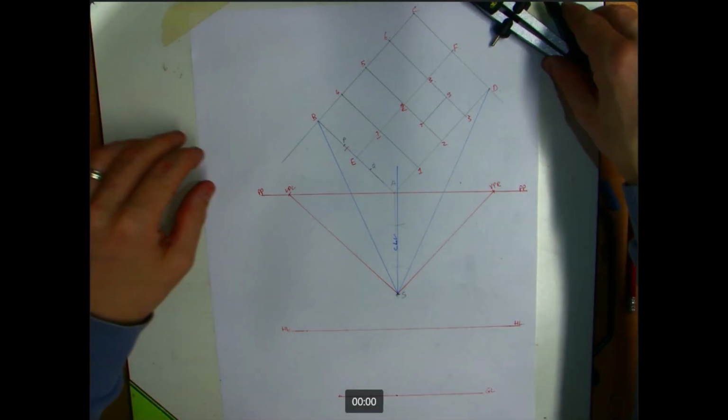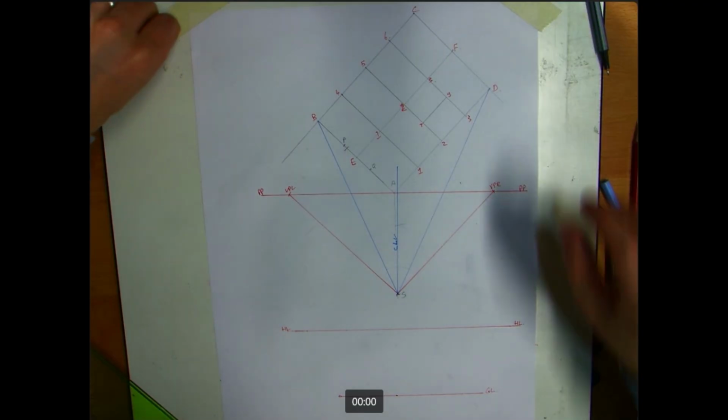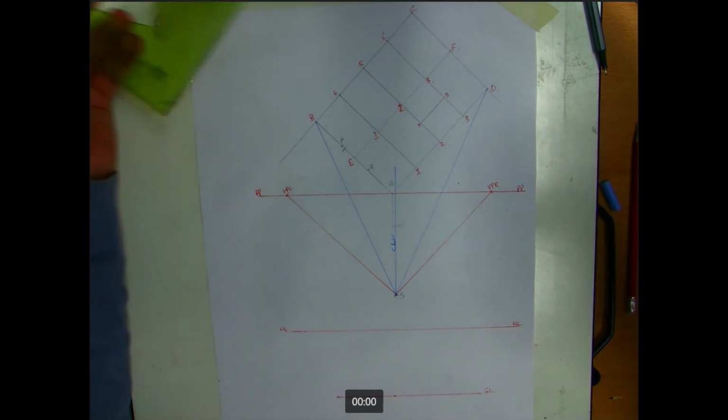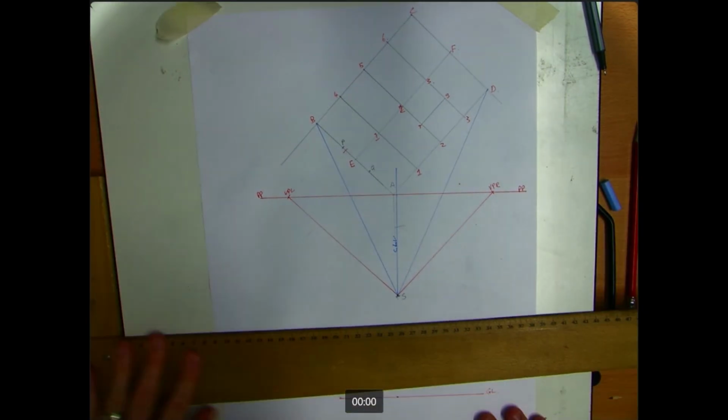What I am going to do is untape it and just rotate it slightly so that I can bring in any of my lines with my T-square.